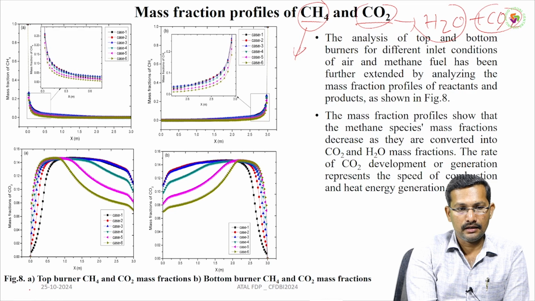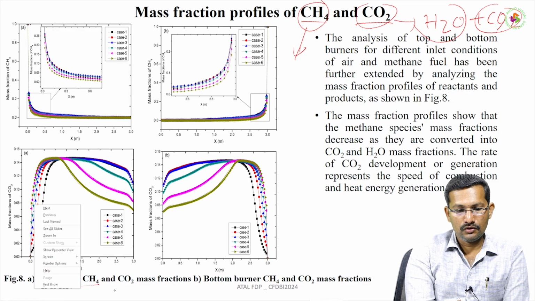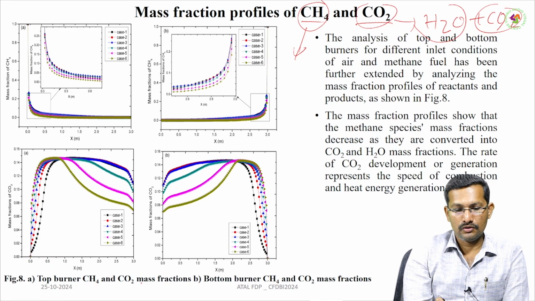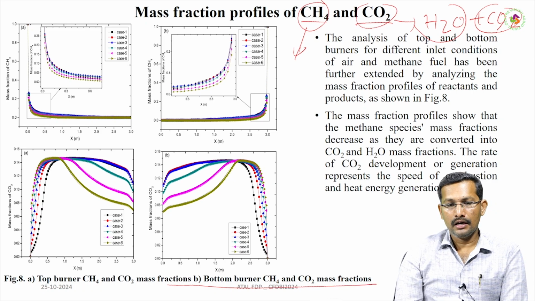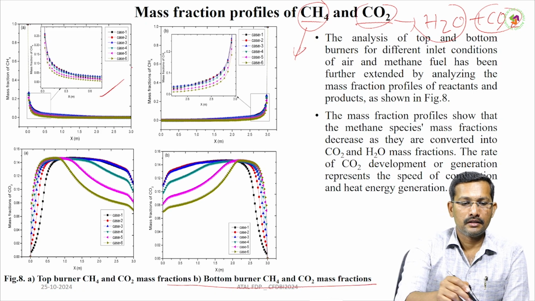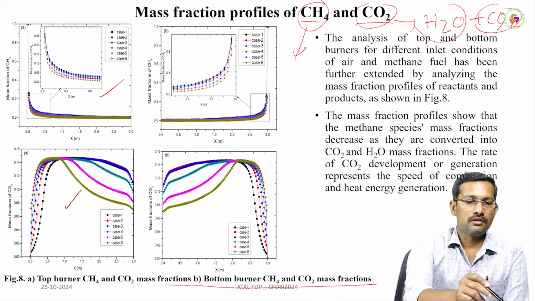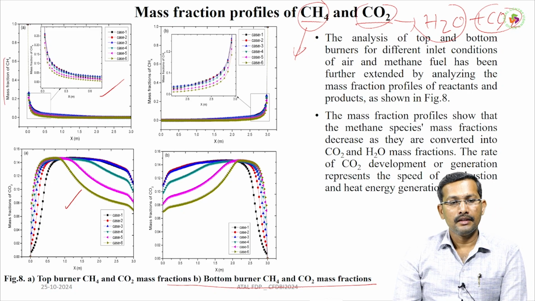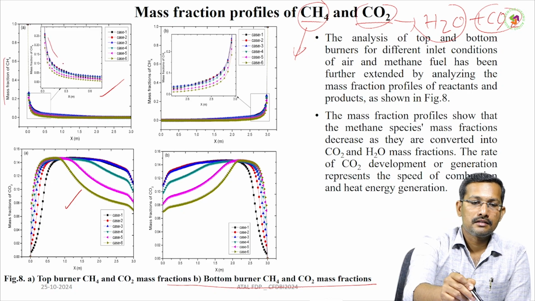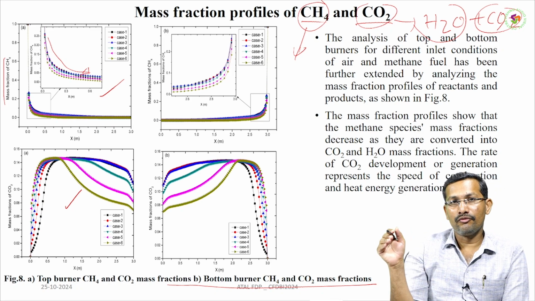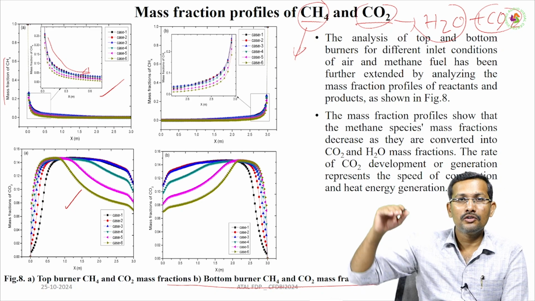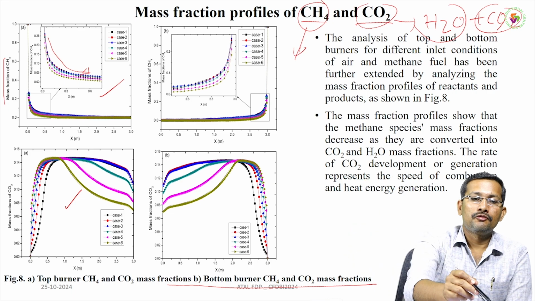Figure 8A shows the top burner CH4 and CO2. Next is the bottom burner CH4 and CO2. These are the mass fraction profiles. This is decreasing. The fuel decreases along the length of the flame because it is converted into products.